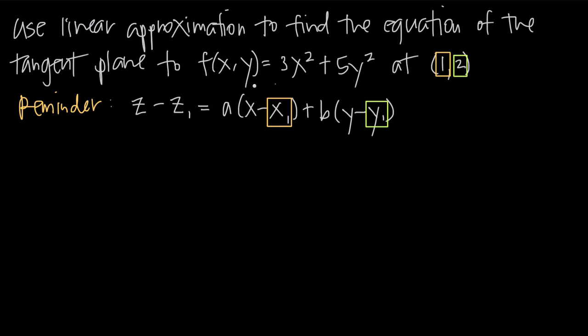Well, the way that we're going to find that, keep in mind that this function, f of xy, the function f in terms of the two variables x and y, we can rewrite that as z is equal to 3x squared plus 5y squared. You can always replace f of xy with z.